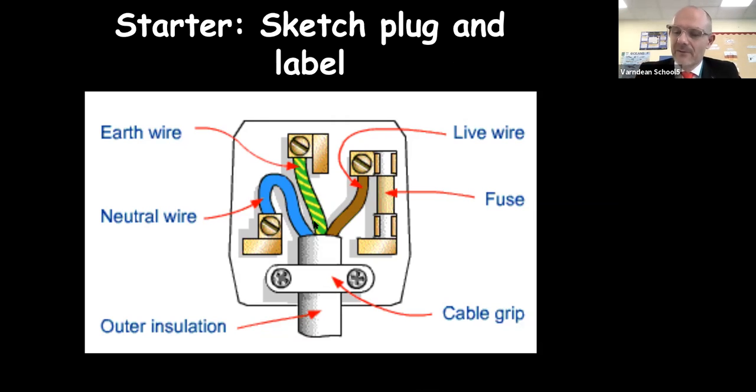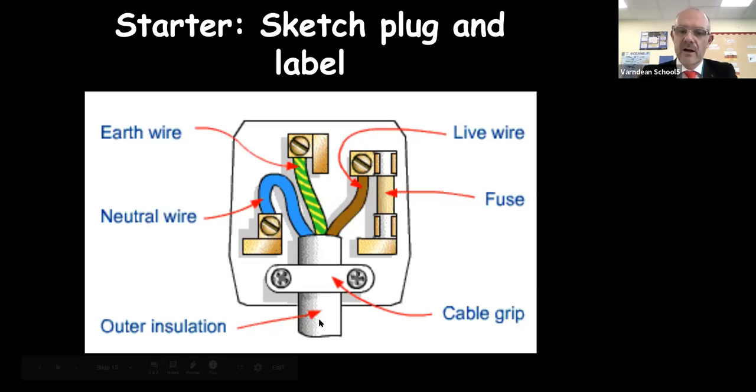We only really find that in electrical devices that have got a metal case, because what that does is if there's a problem inside and the wire touches the metal case, instead of it electrocuting you, the electricity runs out through the earth wire down to earth, down to the ground, and prevents you from getting electrocuted. The reason these pins are made out of brass or copper is that that is an absolutely superb conductor, and that's really important.